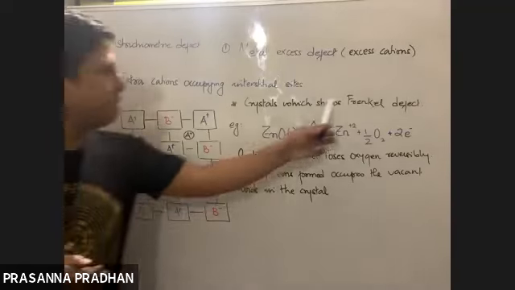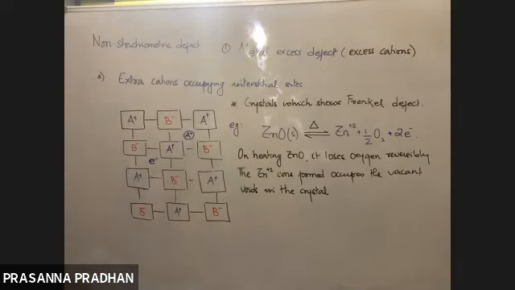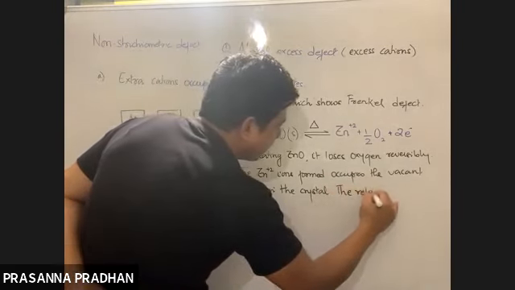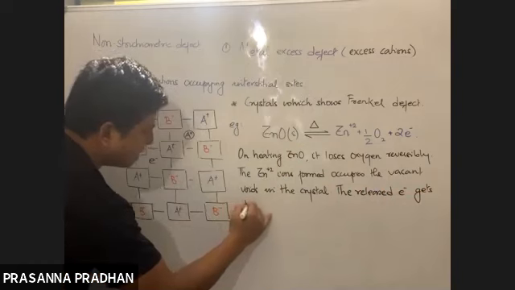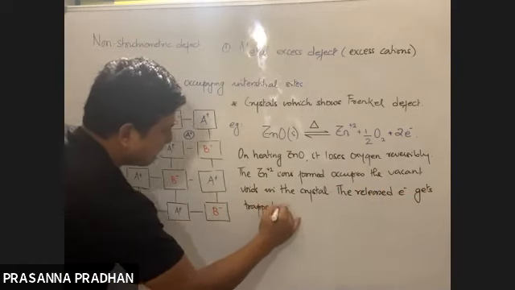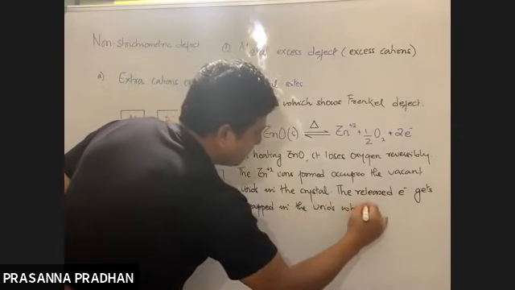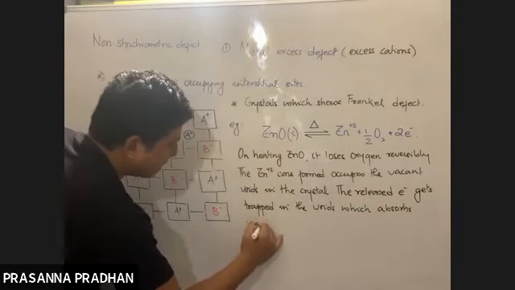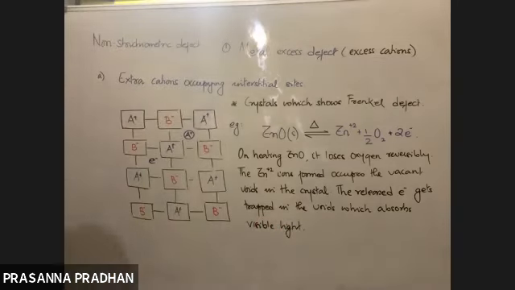Okay, ये जो zinc ion form होगा, they will occupy these voids. The released electron gets trapped in the neighborhood and absorbs visible light. So यहाँ पर जो electron release हो रहा है, the released electron gets trapped in the voids, which absorbs visible light.